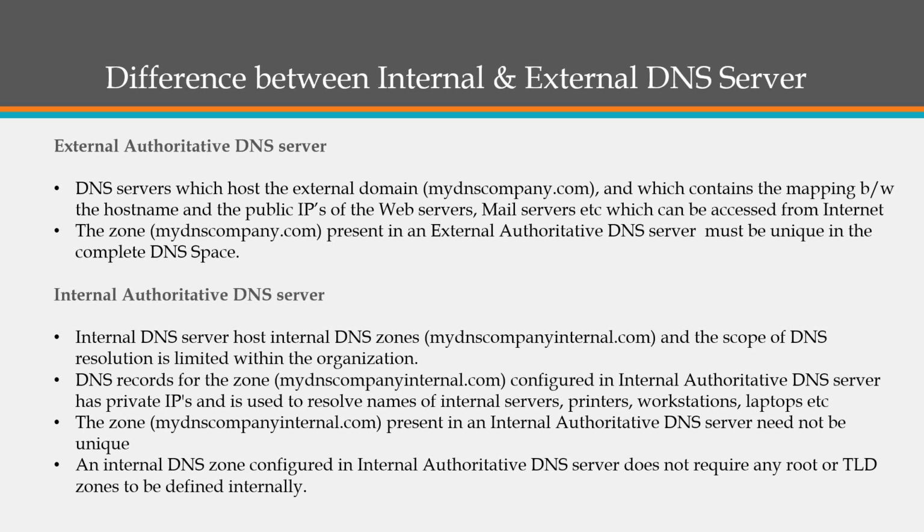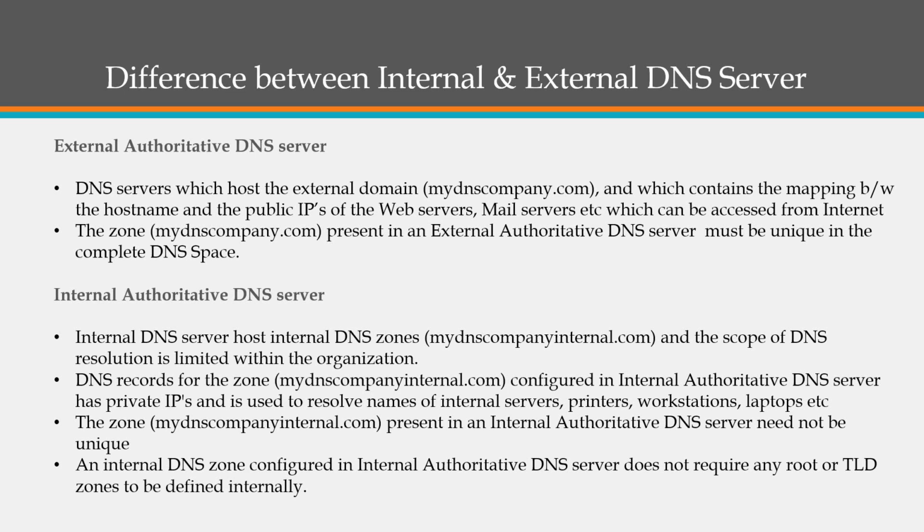Now let's look at what an internal authoritative DNS server is. An internal DNS server, as the name suggests, hosts internal DNS zones, let's say in our example, mydnscompanyinternal.com, and the scope of the DNS resolution is limited within the organization. The DNS records for the zone mydnscompanyinternal.com configured in the internal authoritative DNS servers have private IPs, because obviously inside an organization you don't use public IP addresses.